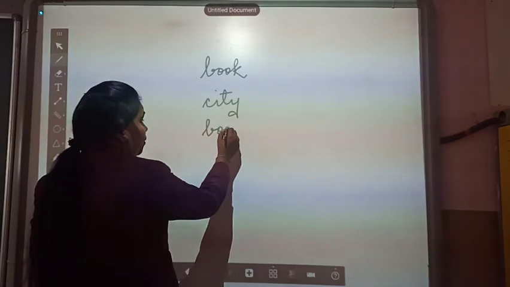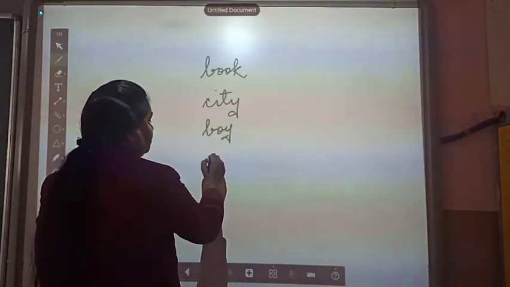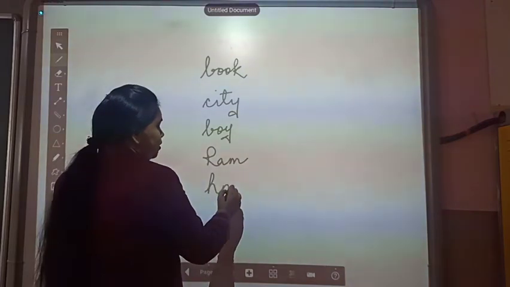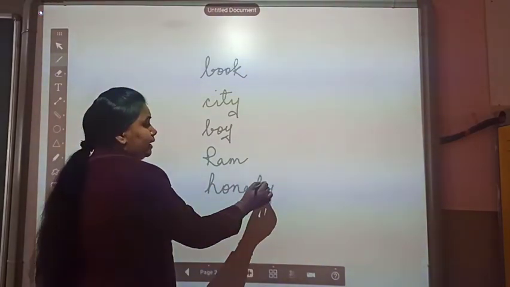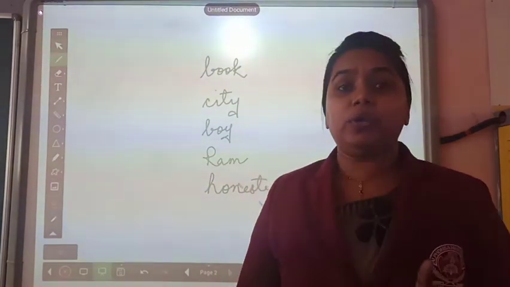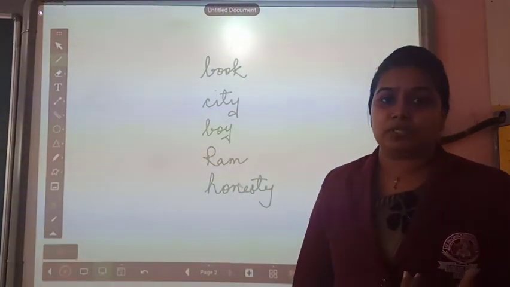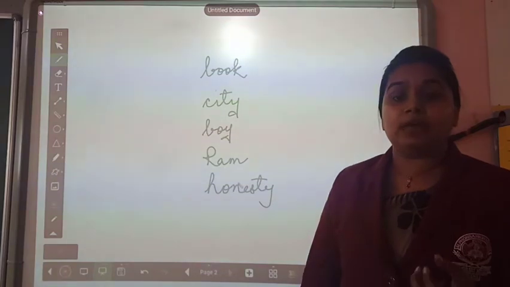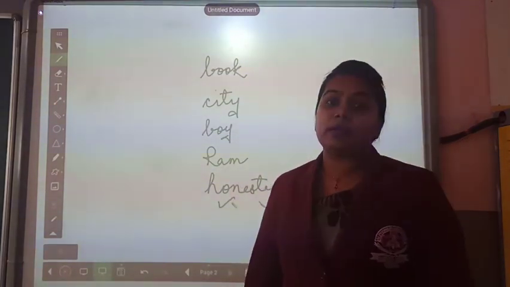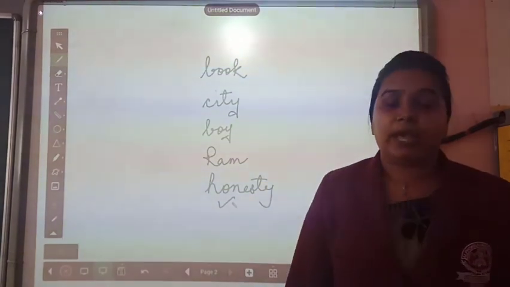It can be common, proper, or abstract. So when I say they are pointing out the nouns, it includes not only the material, physical nouns, but the abstract nouns as well.